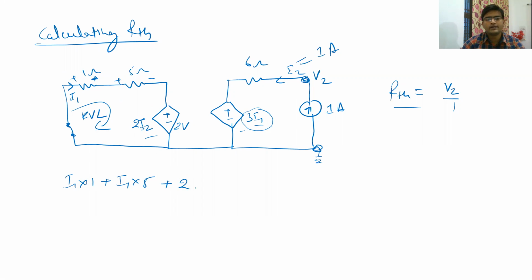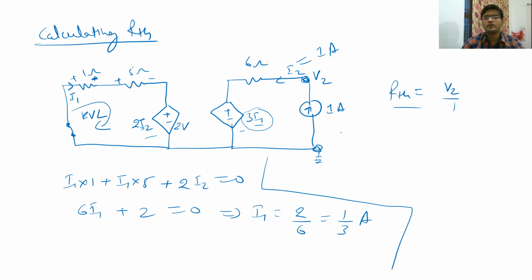Plus 2 into I2 equal to 0. So 6I1 plus, since I2 is 1 ampere, 2 is equal to 0. So you get I1 is equal to 2 divided by 6, meaning 1 by 3 ampere.